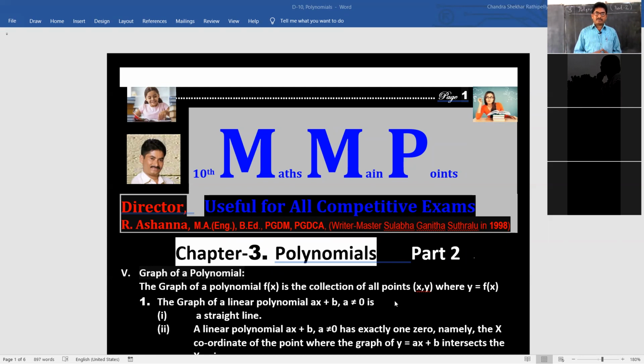The general form of a quadratic polynomial is ax square plus bx plus c. The general form of a cubic polynomial is ax cube plus bx square plus cx plus d. Right.